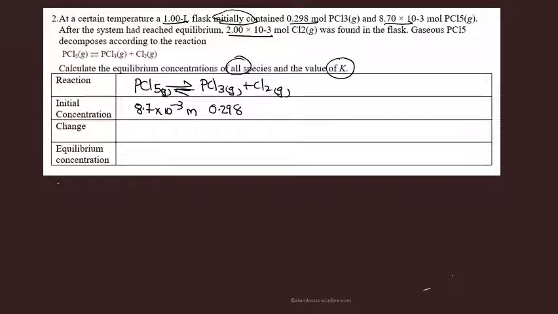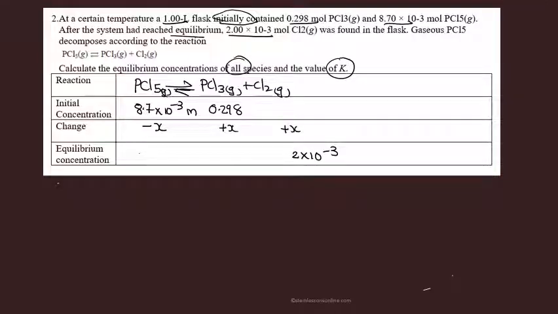And then we have 2 times 10 to the power negative 3 moles of chlorine found in the flask at equilibrium. So that number will go at equilibrium, that is 2 times 10 to the power negative 3 for chlorine. And now I will write the change. All coefficients are 1, so I can write for the reactant negative x, and for PCl3 plus x, and for chlorine also plus x.